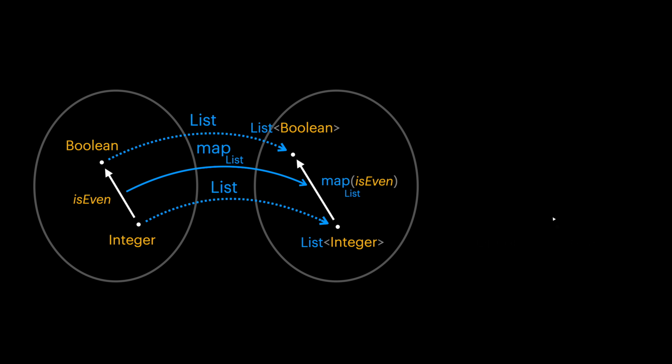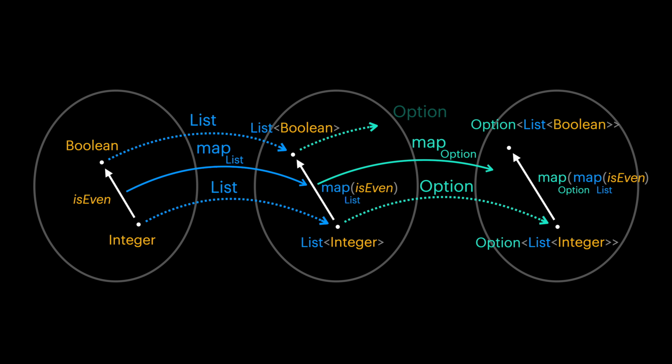Next, let's try to map the second category using the Option functor. As you see, in the third category, everything is wrapped with Option around the List. By looking at this, can we come up with arrows, aka mappings, directly from the first category to the third category? If we can, it means we could find a composition definition for our functors List and Option.